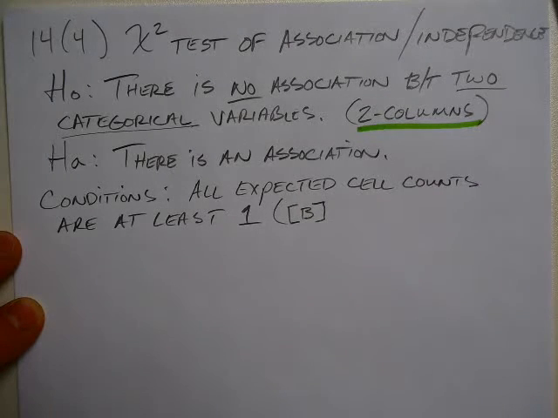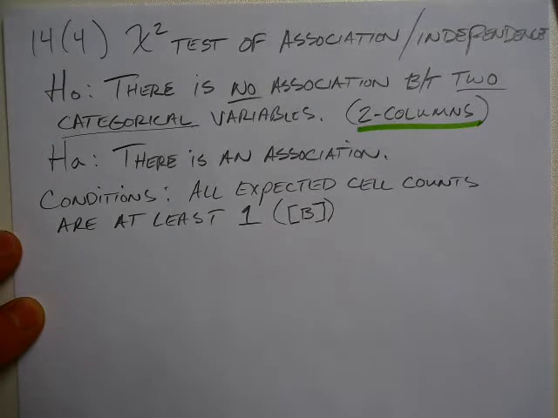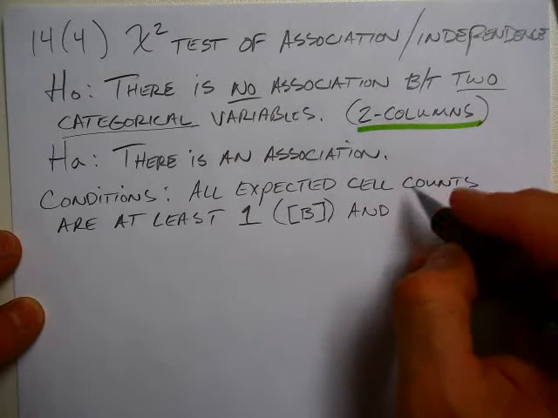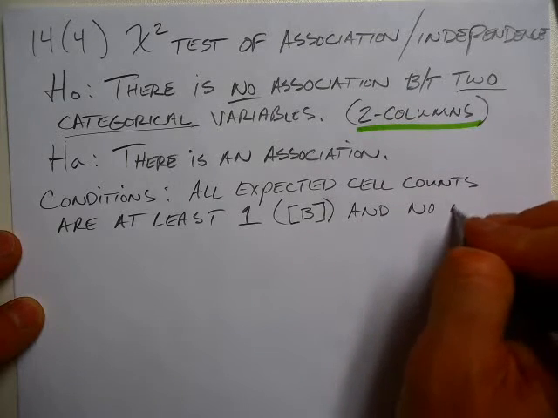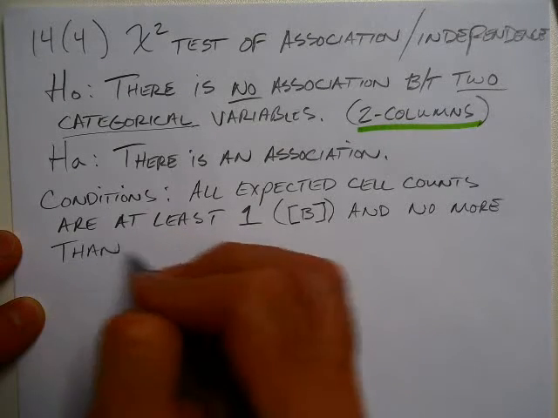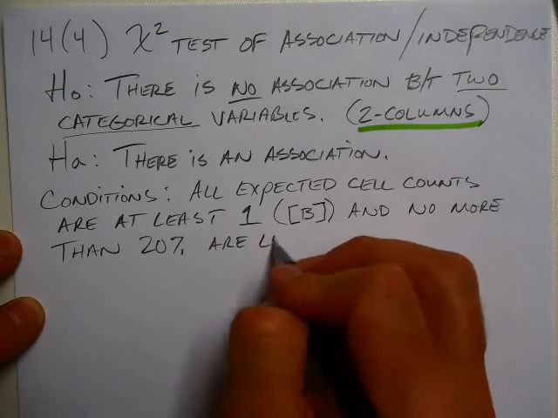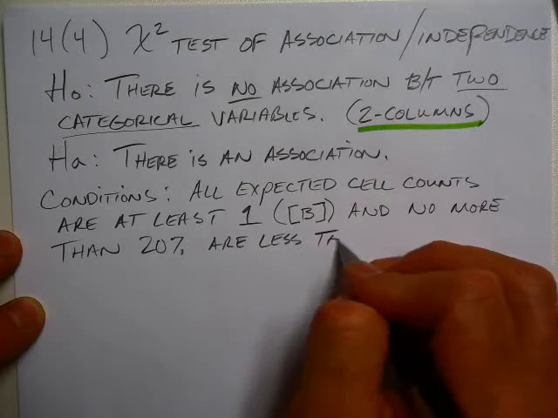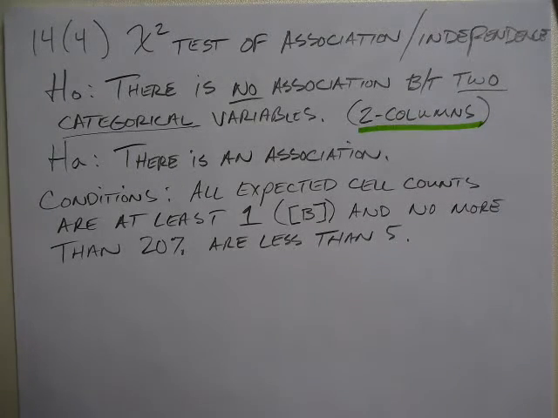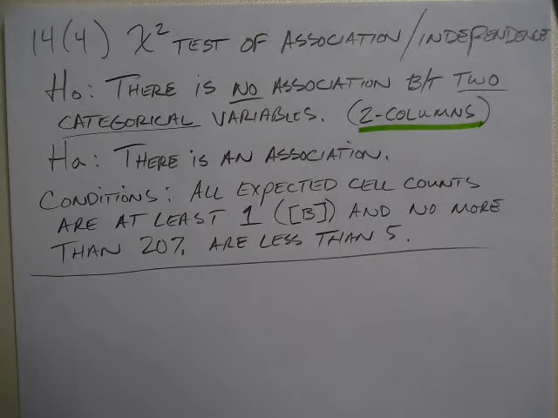I would actually do the calculation, look in matrix B, and then decide if you had met the conditions or not. And no more than 20% less than 5. That's it.